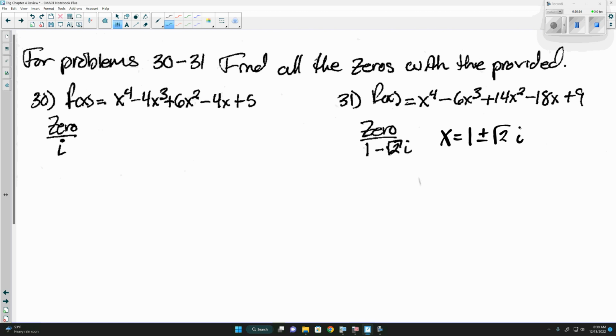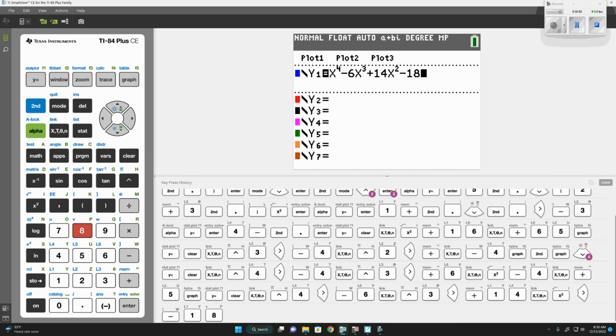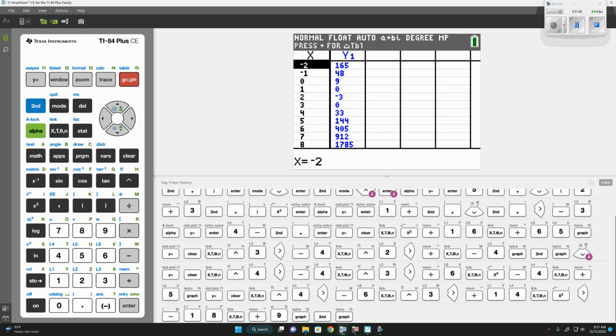Now, I'm going to go on and graph it. X to the 4th minus 6x to the 3rd plus 14x squared minus 18x plus 9, graph. It crosses the x-axis twice, yes? Second table.